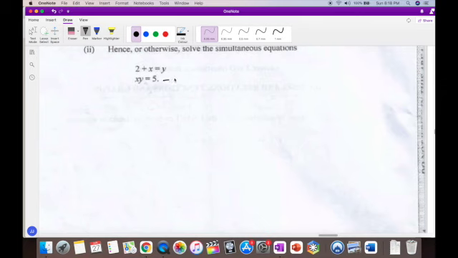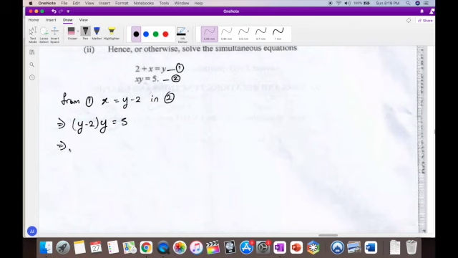We'll call this equation 2, we'll call this equation 1. So therefore from equation 1, x is equal to y minus 2 in equation 2. So that implies that I'll have x, which is y minus 2, multiplied by y is equal to 5.